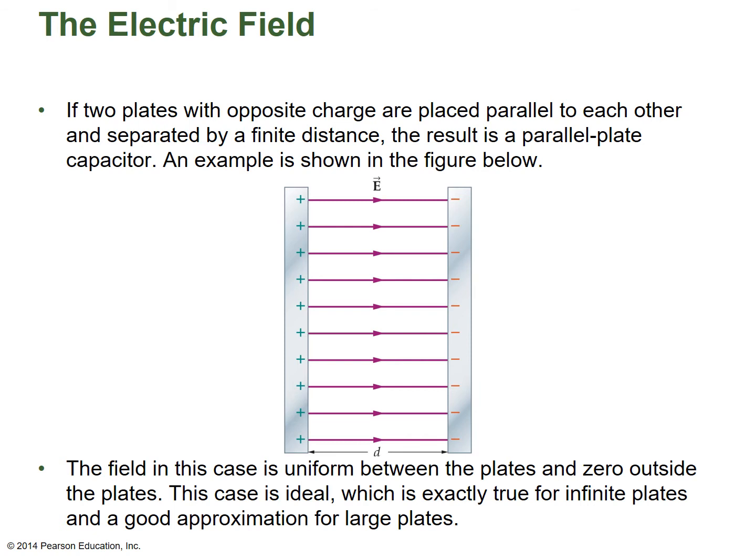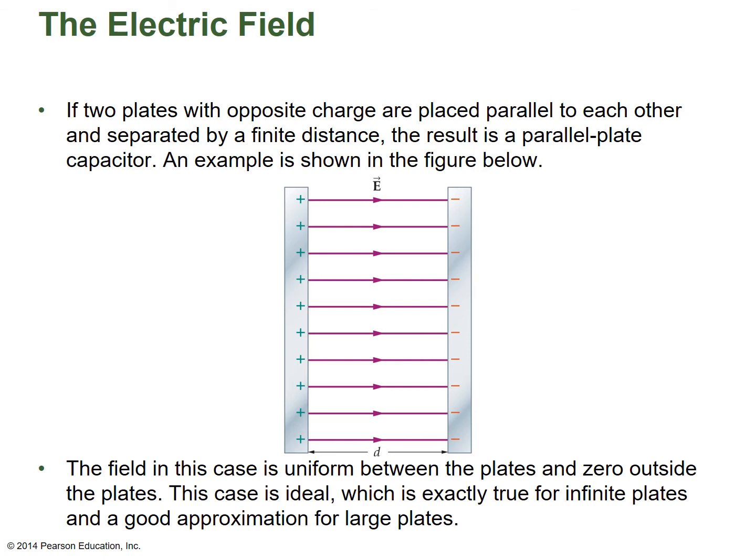So the net electric field is obtained by summing up the electric field from the positive plate and the electric field from the negative plate. If you sum up these two fields, sigma over 2 epsilon naught plus sigma over 2 epsilon naught, you will find that the net electric field between the two plates is sigma over epsilon naught.